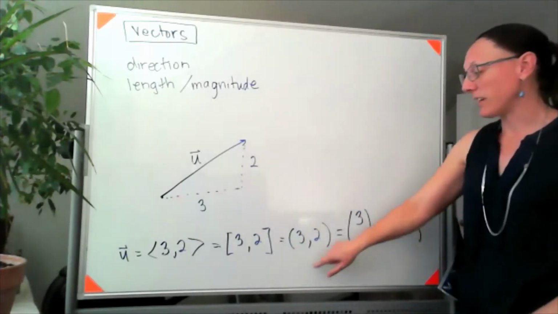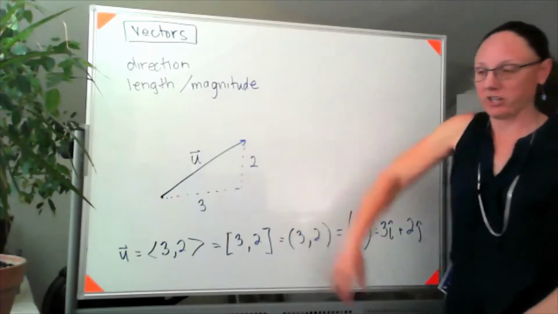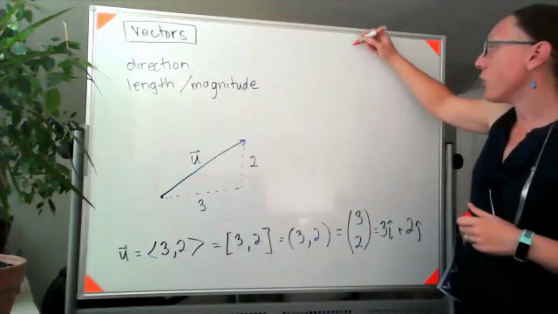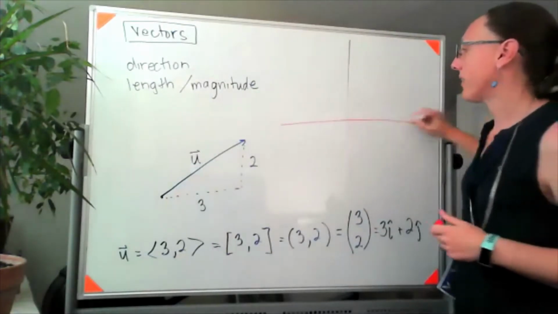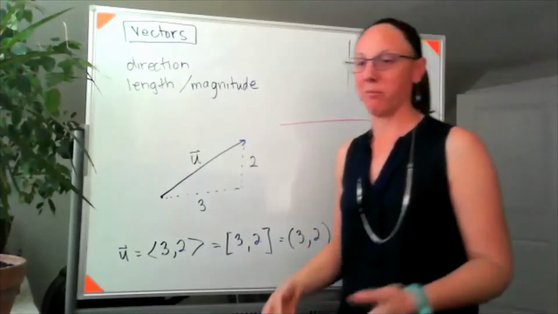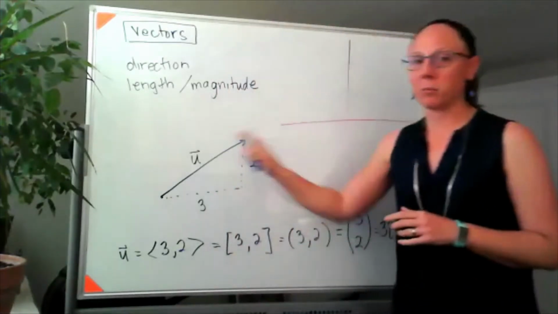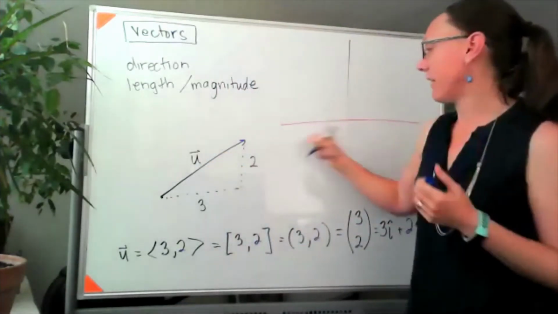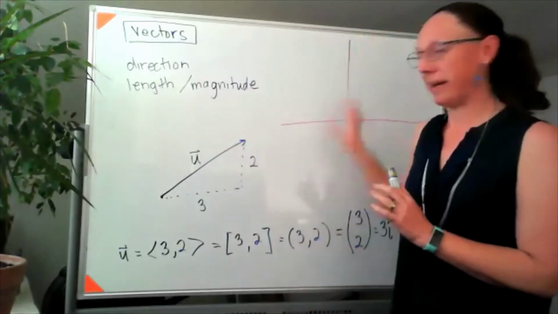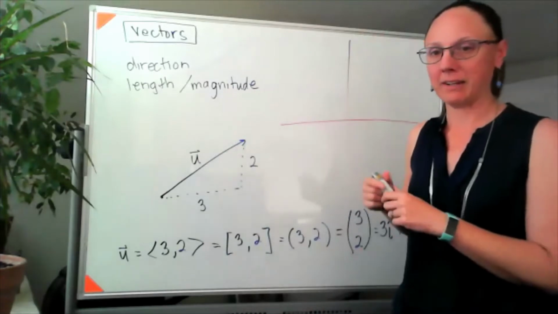Now, the reason that this one is my least favorite notation is that no matter where I put this vector on my plane, it's always the same vector. So for example, if I started my vector u and made it a little bit long, I'm going to have trouble fitting it in here, but it's okay.